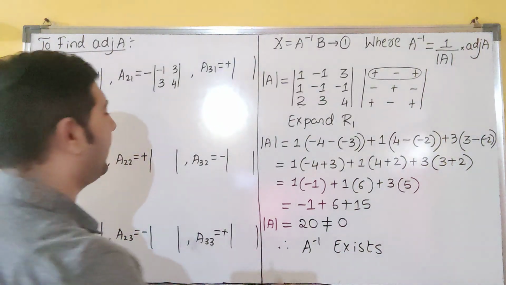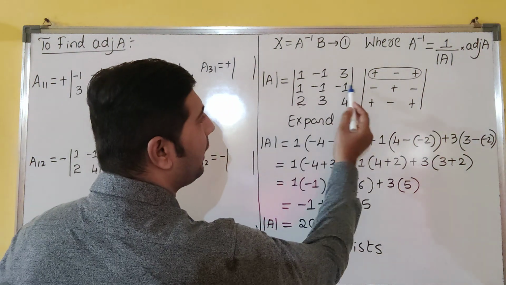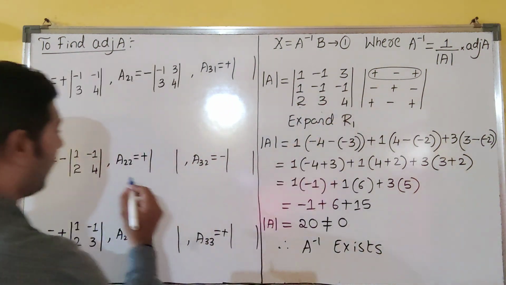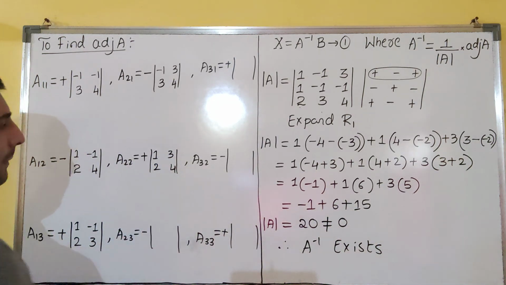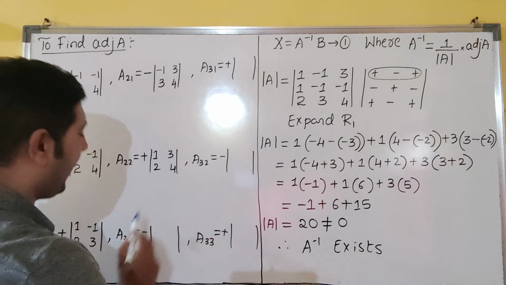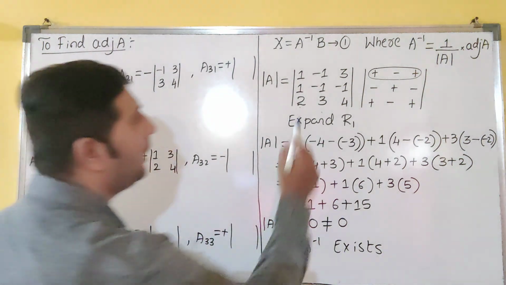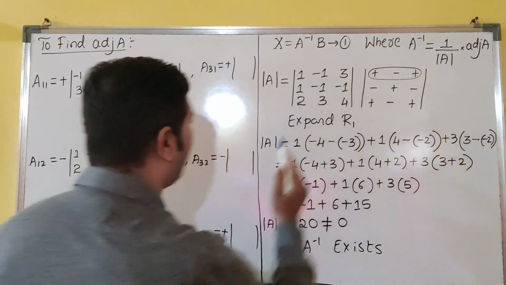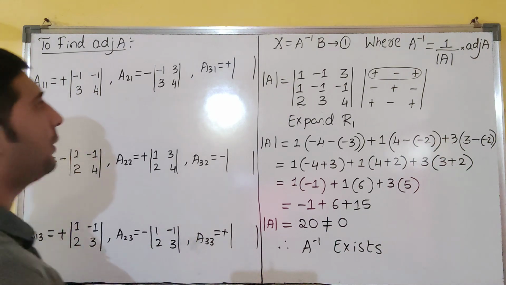Now next, second row, second column you leave. You are left with 1, 3, 2, 4, dear students. So next, second row you leave, third column you leave: 1, minus 1, 2, 3. Clear?